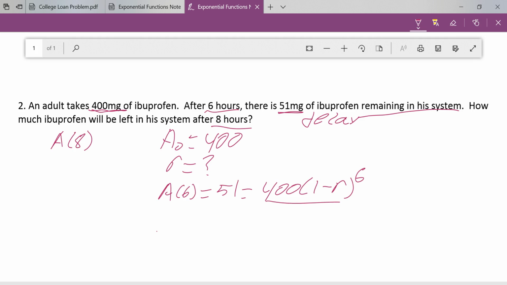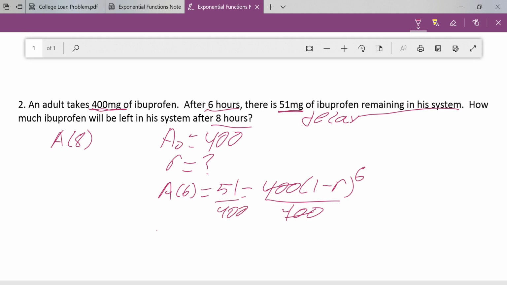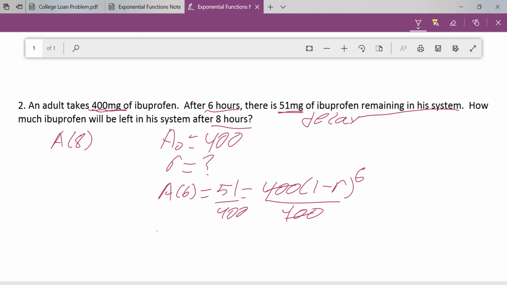And so if we do some algebra, we can divide by 400, and then get that 51 over 400 equals 1 minus r to the 6.